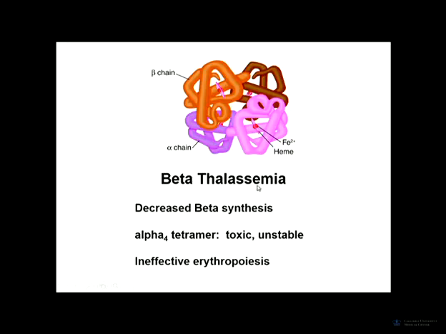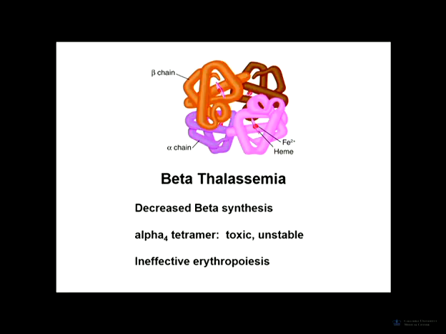So with beta thalassemia, you have decreased beta synthesis. The difference is that with the alpha thalassemia, you have overexpression of the beta and the gamma, which form unstable hemoglobin. In beta thalassemia, you have overformation of the alpha-4 tetramer. And alpha-4 tetramer is such a toxic entity that it actually causes destruction of the red blood cell within the bone marrow.